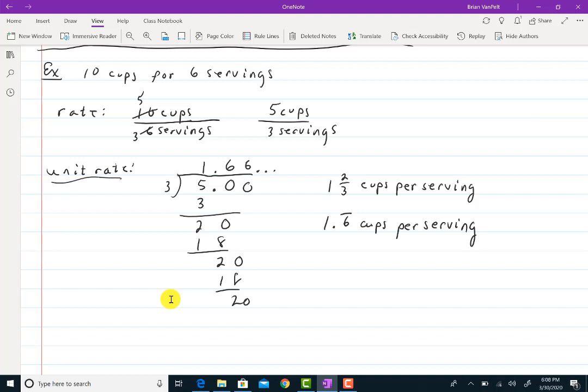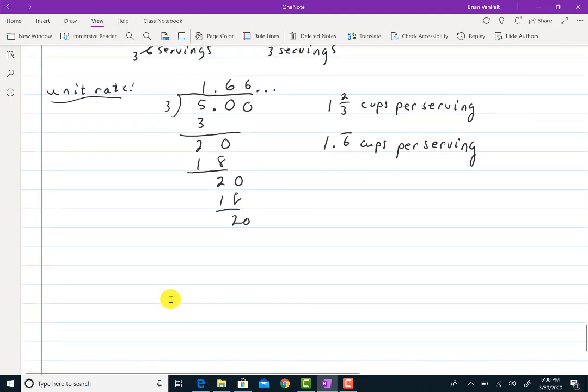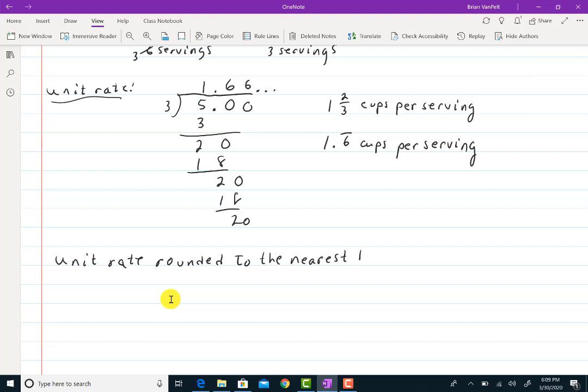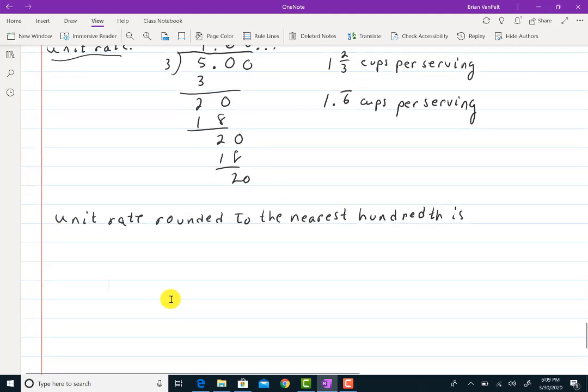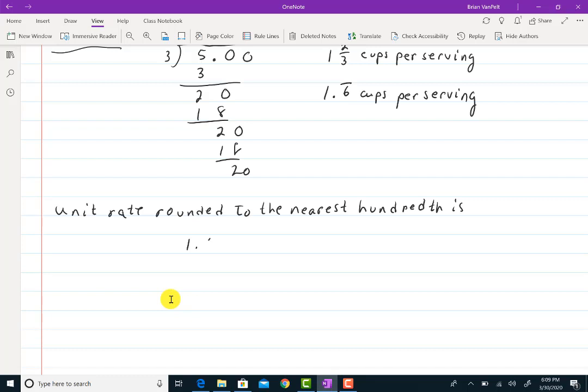Remember, this is what I'm finding here. The unit rate rounded to the nearest hundredth is, and for this, we're going to be looking at the 1.6, just enough of these until I can determine the decimal that I want.